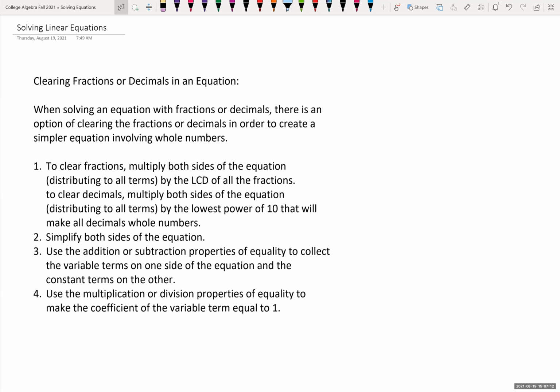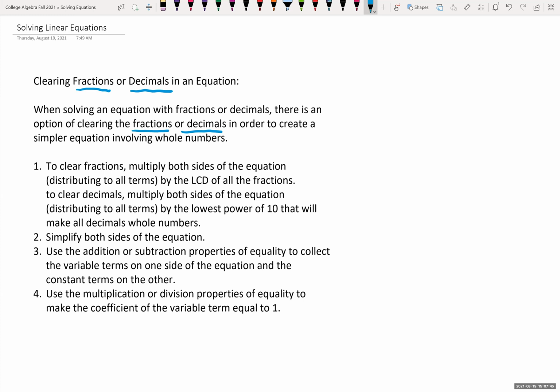Just a recall, remember really quickly, when you're solving a linear equation, the first thing that you want to do, if your equation has any fractions, we didn't talk about decimals, but decimals also are sometimes really nice to get rid of. If you have any fractions or decimals in the equation, we can clear the fractions or the decimals in order to create a simpler equation involving whole numbers.